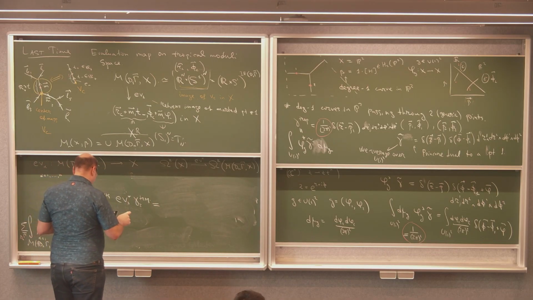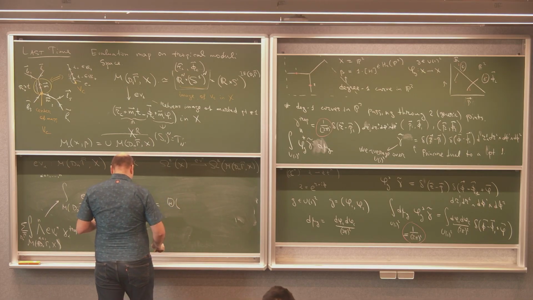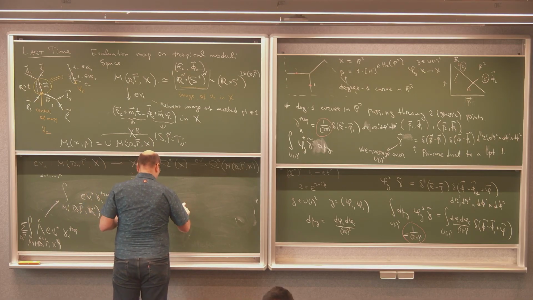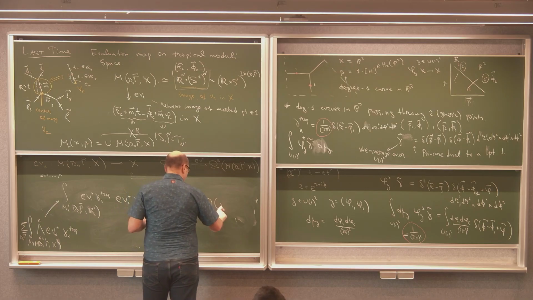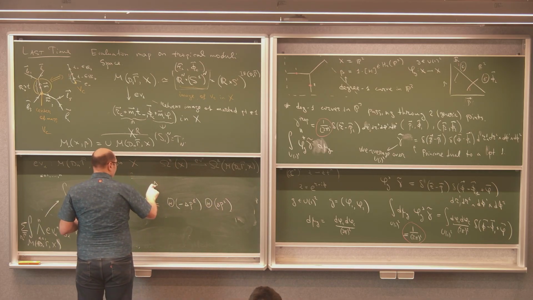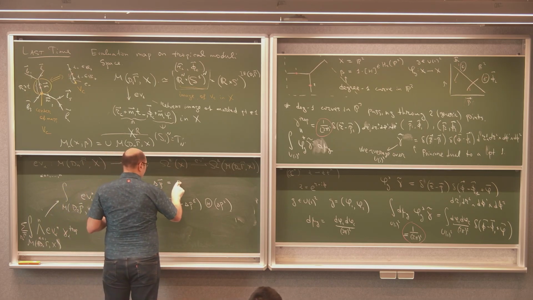The final answer was the following. We identify the theta function of delta rho 1, and the theta function of minus delta rho 2, where delta rho is a vector, rho 1 minus rho 2.